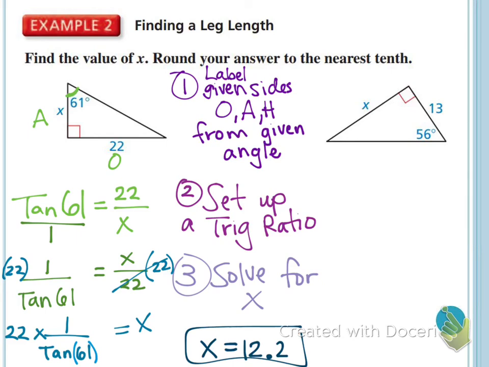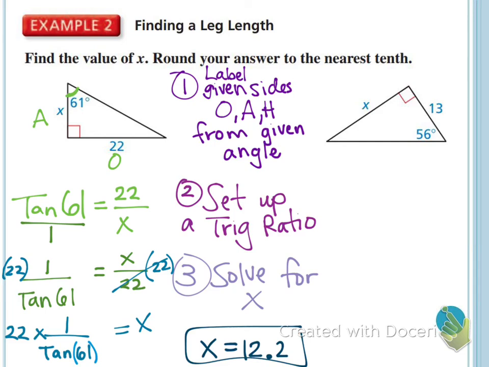You want to make sure you know how to type things in. How did you do, Adriana? You get it? Dorian, I know you have a different calculator. You figured out how to do it in yours? Okay. So is the whole thing 12.1947? Possibly. Yeah. And then rounded, you do the 2. All right. That is the harder step because x was on the bottom instead of on the top.